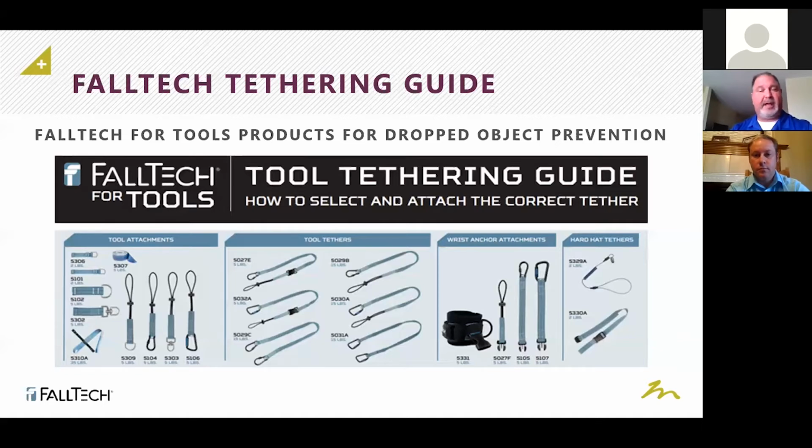Like Josh's story, how it can potentially hurt or kill somebody. Every day, every minute, somebody's dropping a tool. Think of being at home and working. How many times have you dropped your tool or any equipment at home, or your cell phone?